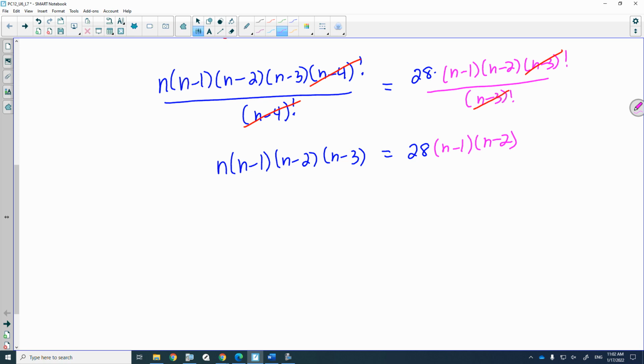Okay, from here we're going to get to a spot where, you've seen some questions like this in Math 20-1. What would you do if you had the same bracket on each side of your equation? What you could actually do is you could cancel. So this n minus 1 would cancel with this n minus 1. And I'll quickly show you the reason why you could cancel.